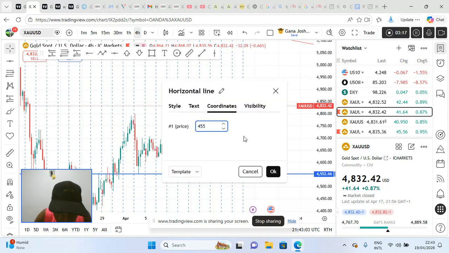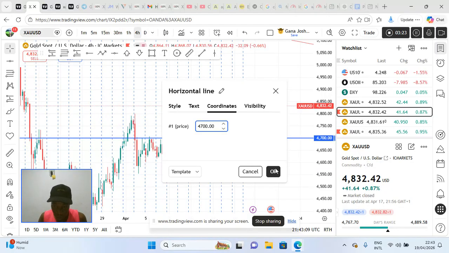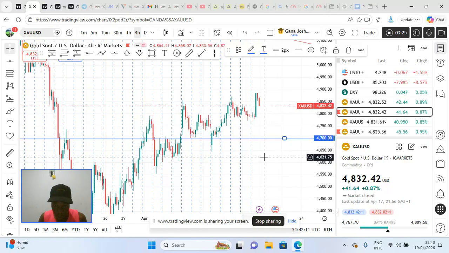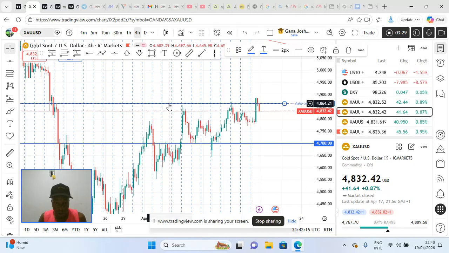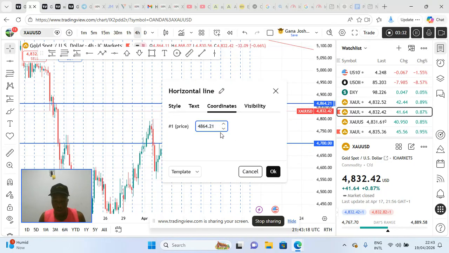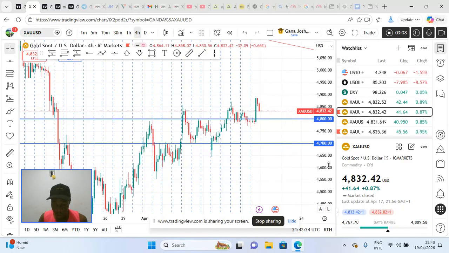One of the things I do is know where price is coming from and where price is. Psychological levels come into play here so you know the specific price, and around here is the major resistance and support, like 4,800. This is how I start building support and resistance.